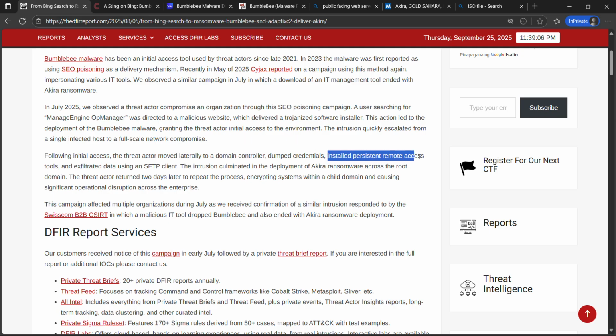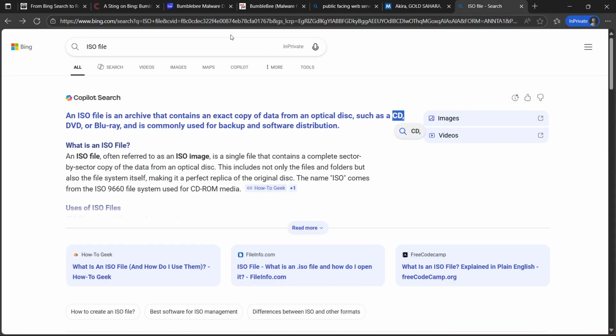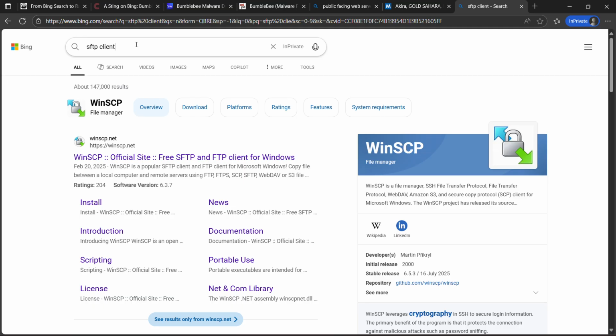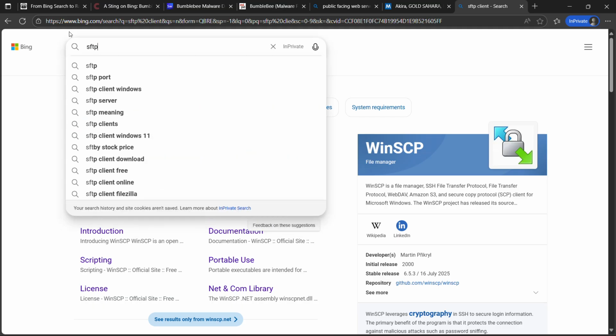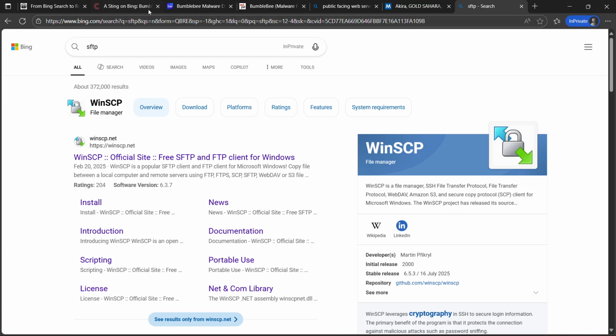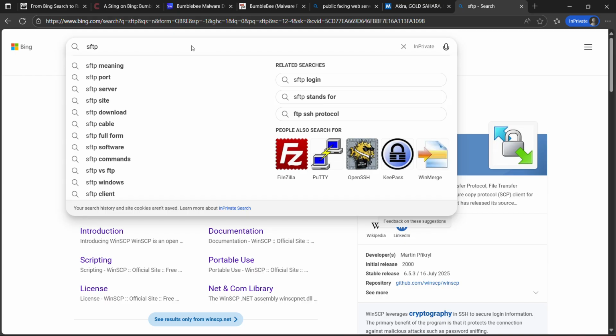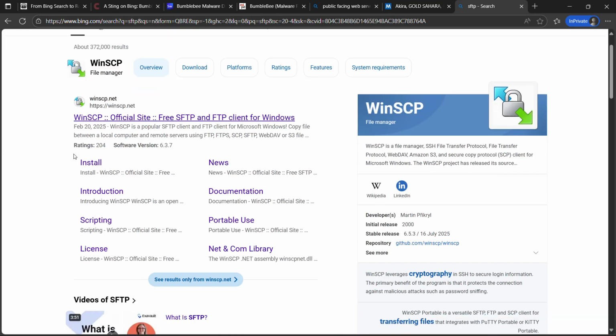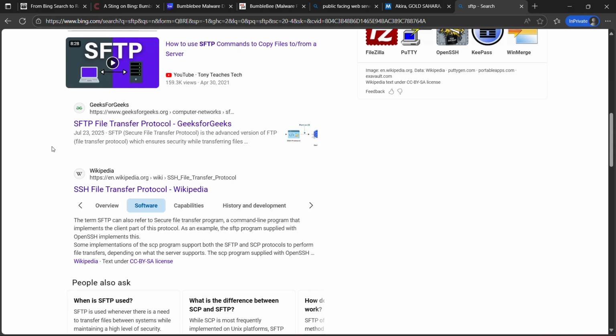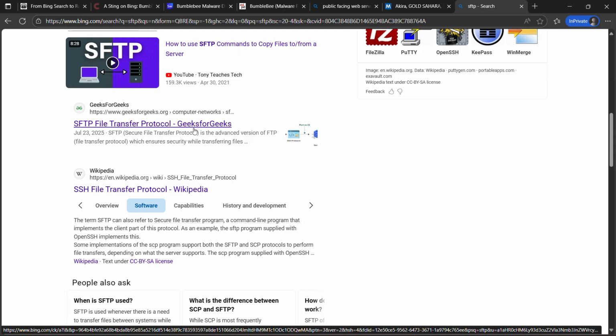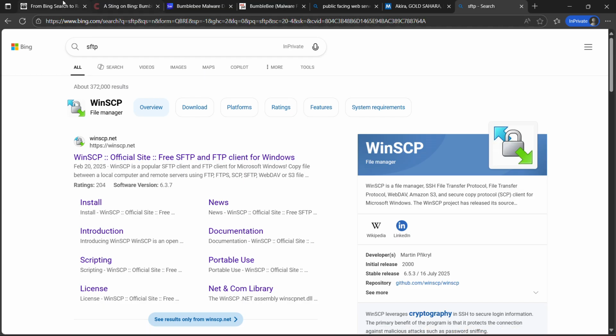Installed persistent remote access tools and exfiltrated data using an SFTP client. SFTP, let's look at that. SFTP client. What does that mean? Yep, file transfer protocol.